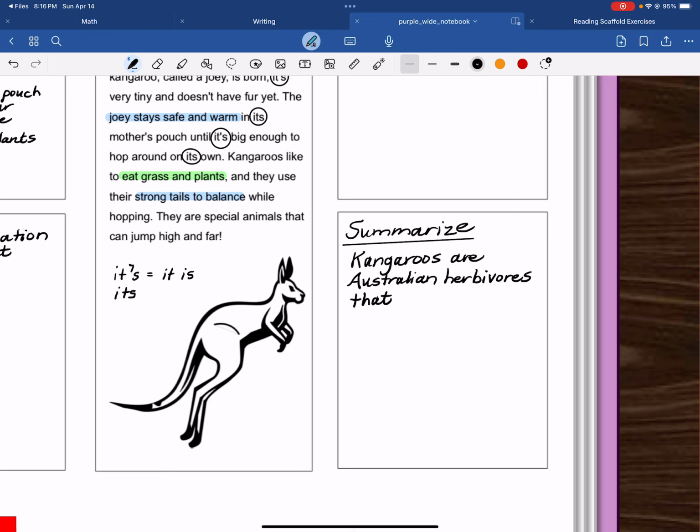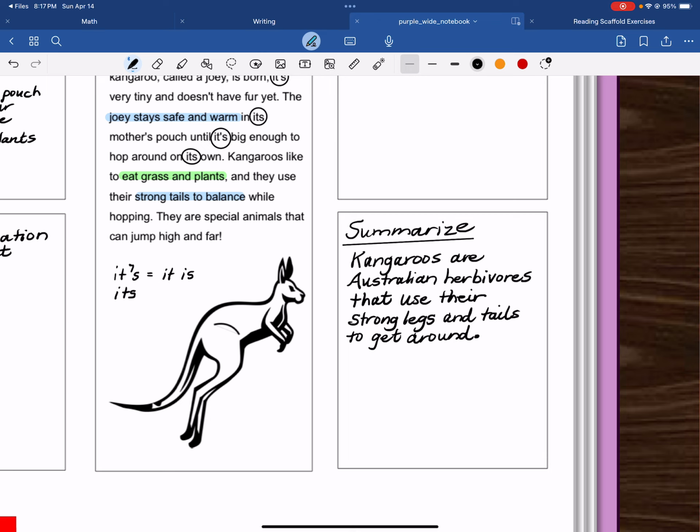Kangaroos are Australian herbivores that use their strong legs and tails to move around or to get around. Summary doesn't have to be one sentence, but I wouldn't go over two. We don't want to rewrite the whole passage.